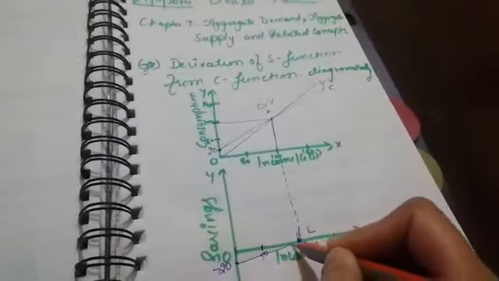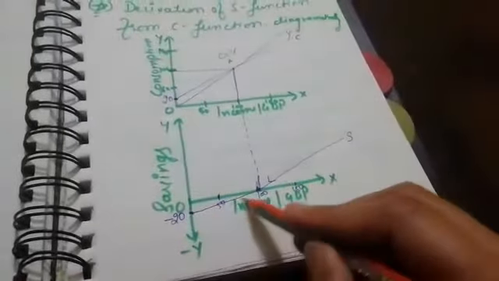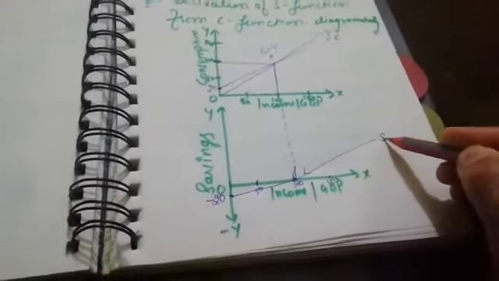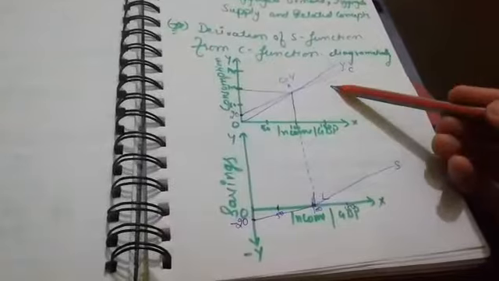Now we will join these 2 points and we will have a straight line known as the saving curve, that is the S curve. In this way we are deriving the saving curve from the consumption curve.